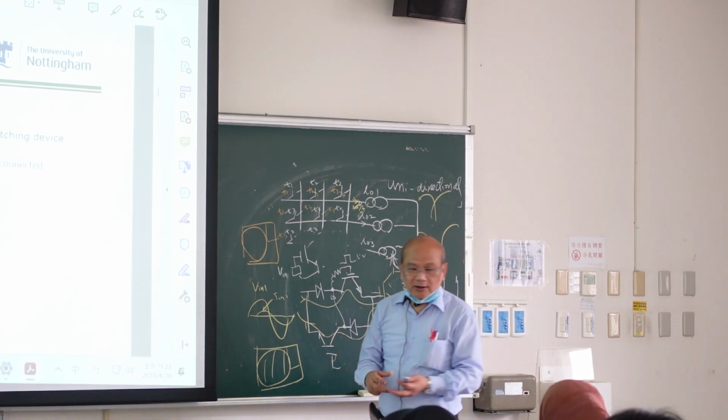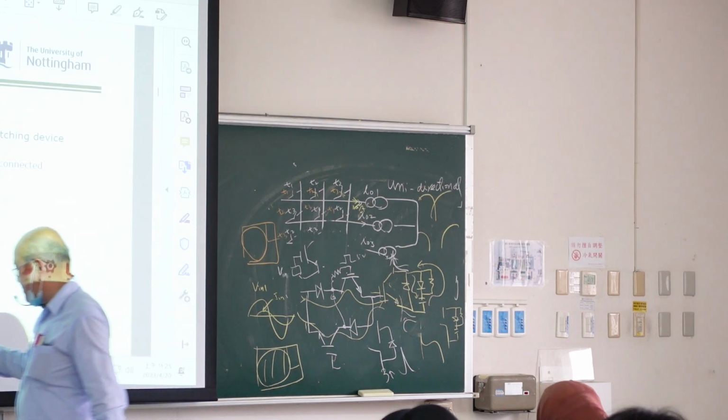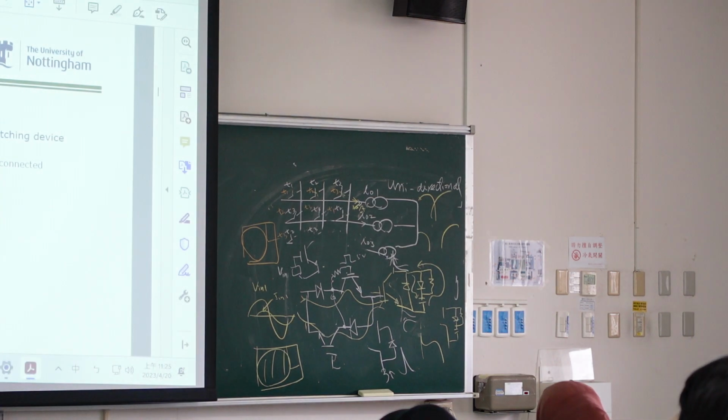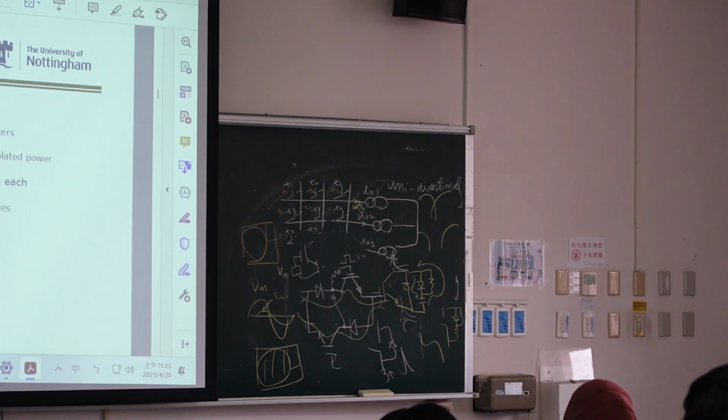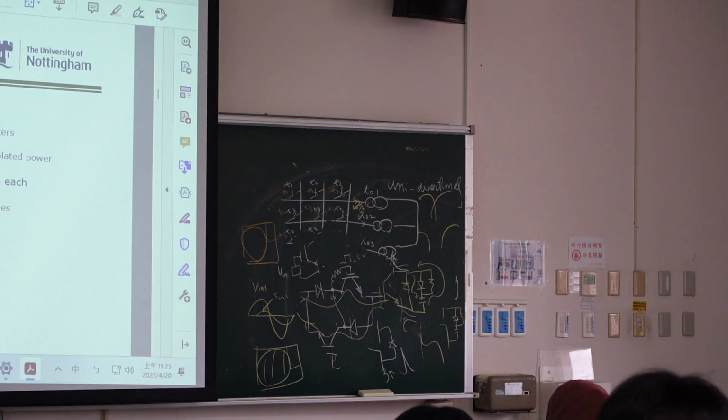Common emitter. So you can see this is not good. So this is better. People use common emitter. So if I need to get this one, I put 5 volt here. If I need to get this one, I put 5 volt here.